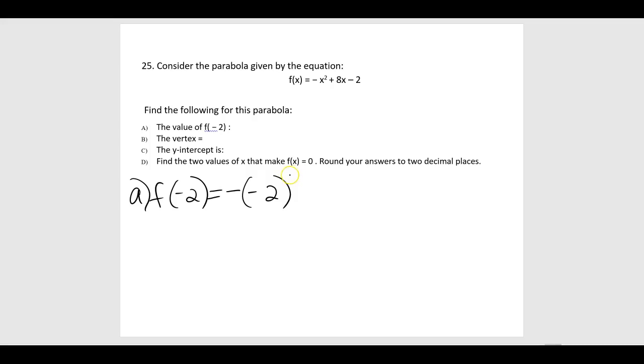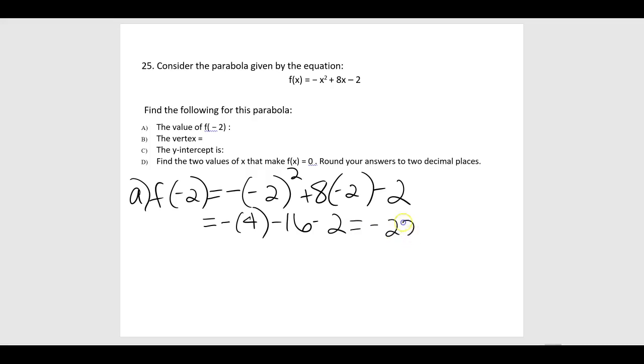So it's negative times negative 2 squared plus 8 times negative 2 minus 2. So that's going to be negative times 4 minus 16 minus 2. So negative 4 minus 16 is negative 20, minus 2 is negative 22. So f of negative 2 is negative 22.